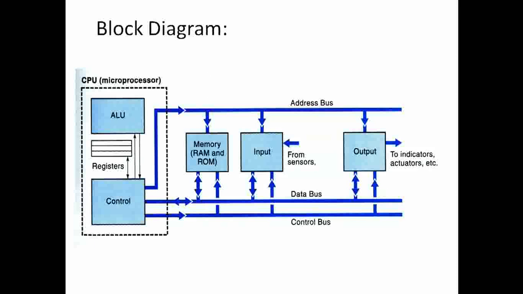So bytes of information, bits of information, and these registers are again subclassified into flip-flops. Each flip-flop has the capacity of storing only 1 bit of information, and at maximum 4 or 8 bits of information.